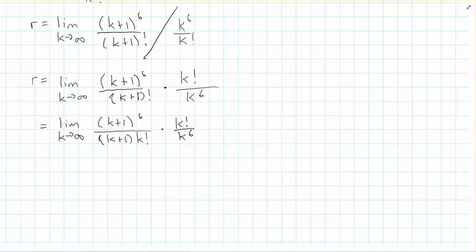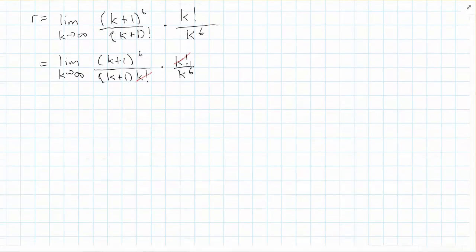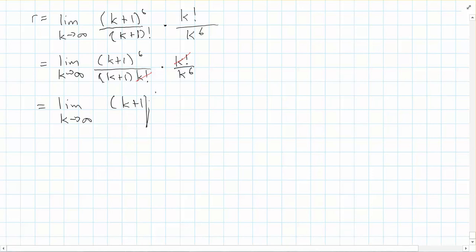And with these factorials, you should always get to a point where you can cancel the factorials out. So I can cancel those k factorials out. Then this is equal to the limit as k goes to infinity. What am I left with? (k plus 1)^6 over (k plus 1) times k^6.